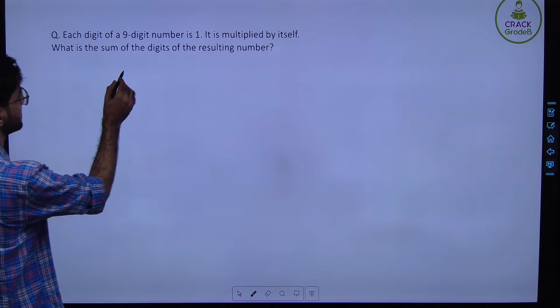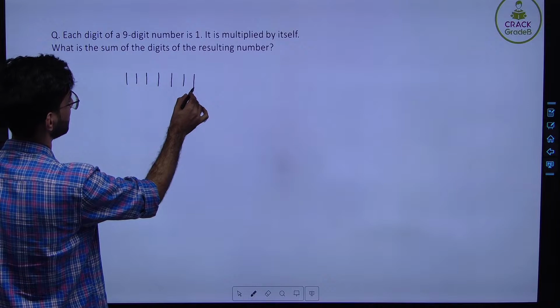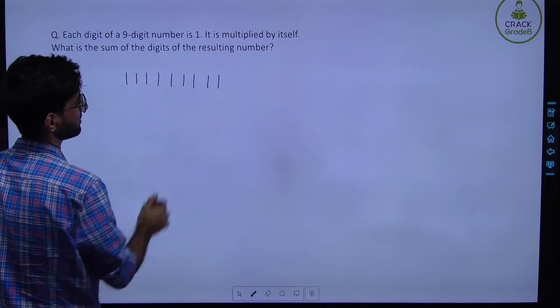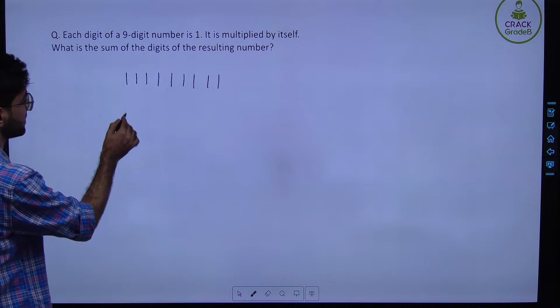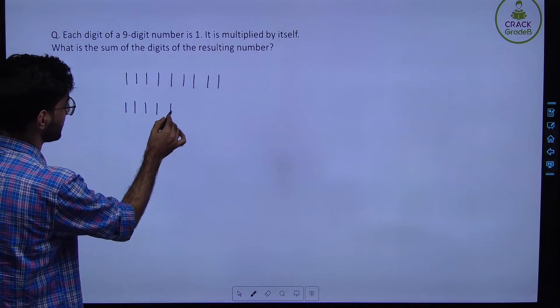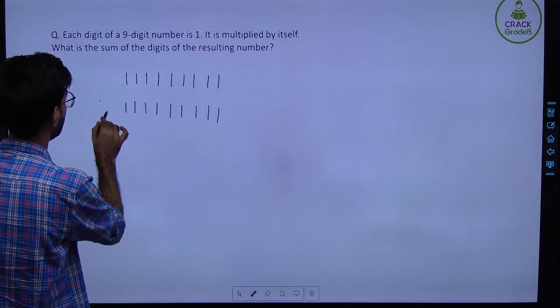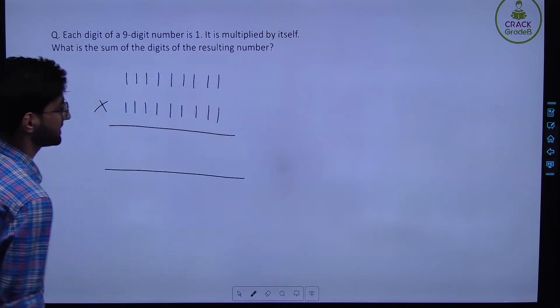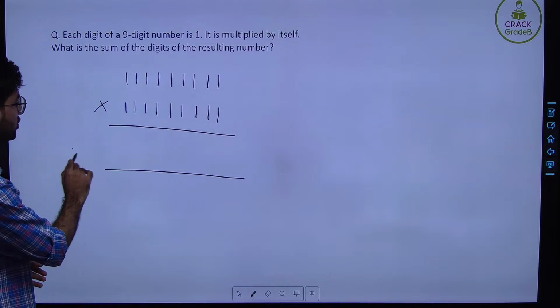And now you have to answer what is the sum of the digits of the resulting number.